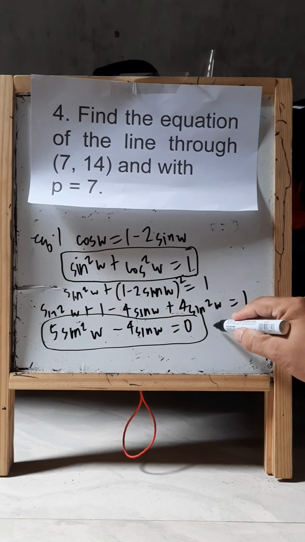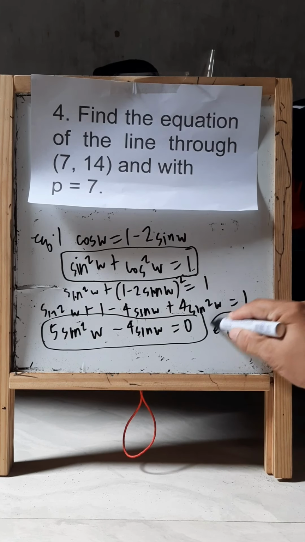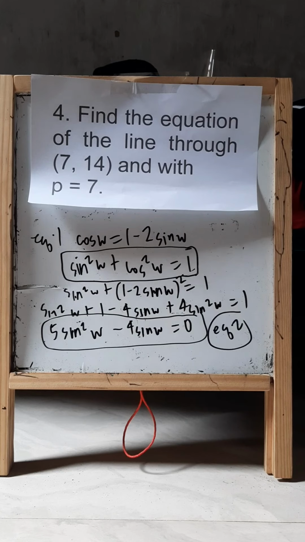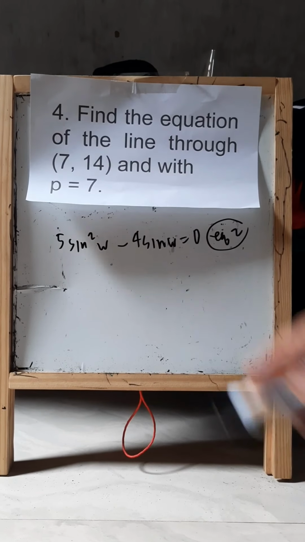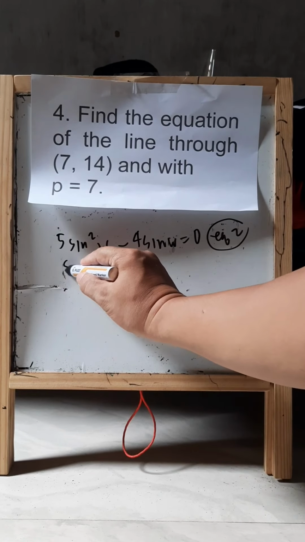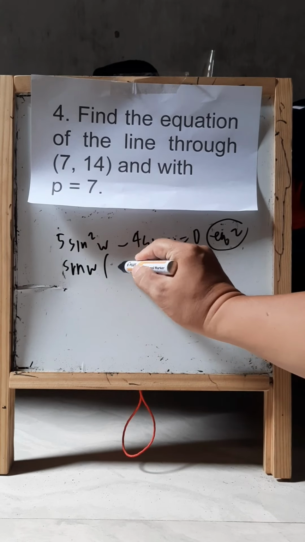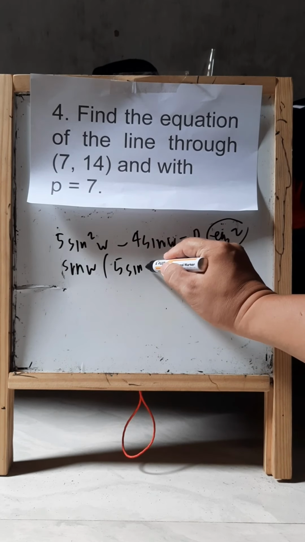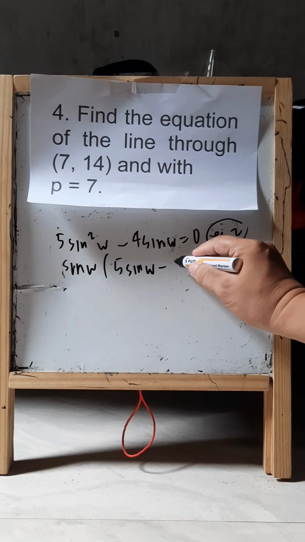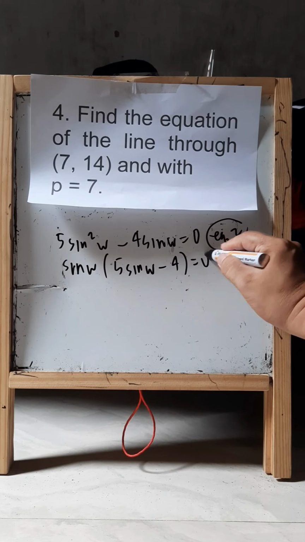Let us name this as equation 2. Equation 2 is a quadratic equation. Let us solve by factoring. So by factoring, we have sine w times the quantity 5 sine w minus 4 equal to 0.